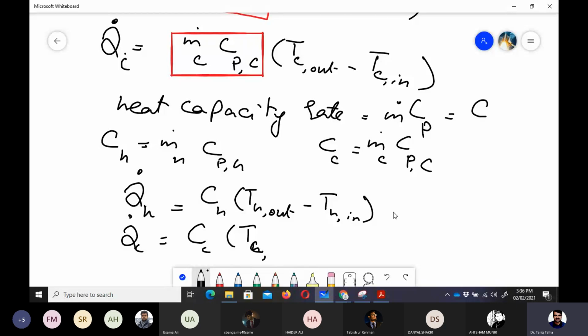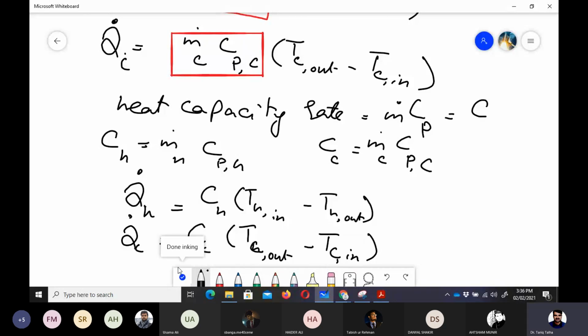Sorry, I think I made a little mistake here in writing. It would be Th in minus Th out, and here it would be Tc out minus Tc in.